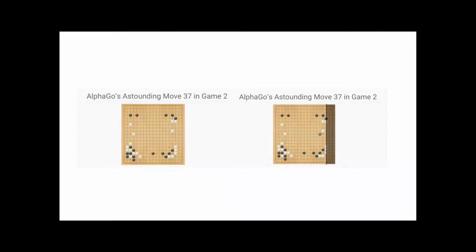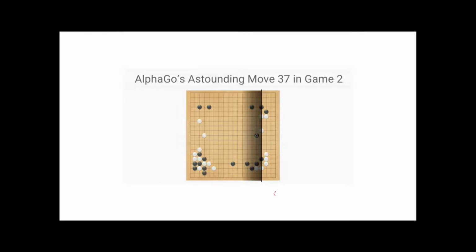So here are a couple of the astounding moves. What is remarkable is that the AlphaGo machine did some innovation. Usually there is a rule that you shouldn't play more than 2 or 3 lines inward from the edge. But there's an astounding move in game 37, move 37 in game 2, where AlphaGo went in a lot further, namely I think to the 5th row.